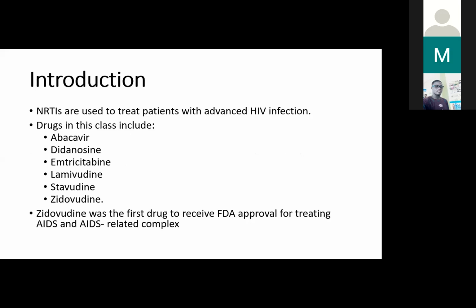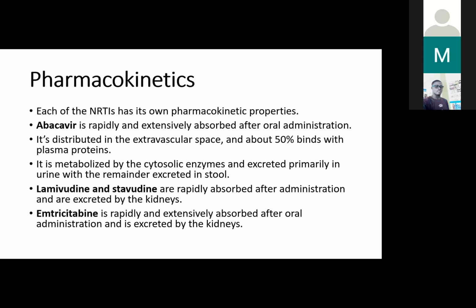Zidovudine is in this class, lamivudine is in this class, abacavir is in this class. These are the common antiretrovirals that are available in Ghana. But we also have didanosine, emtricitabine, and then stavudine. Zidovudine was the first drug to receive FDA approval for treatment of AIDS and AIDS-related complex. A very old drug, but it's still very useful.